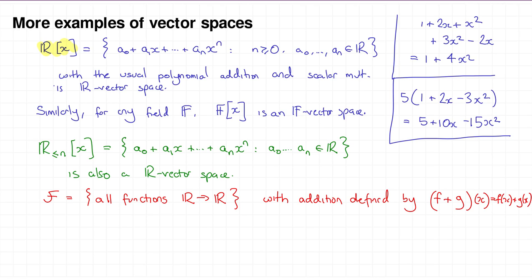So this is a definition giving you the meaning of addition in this vector space. It tells you what the meaning of f plus g is. It's the function which gives as output f of x plus g of x when you give it an input x.